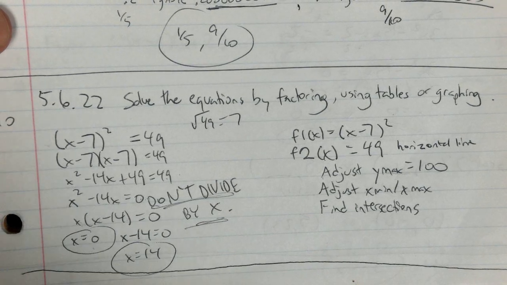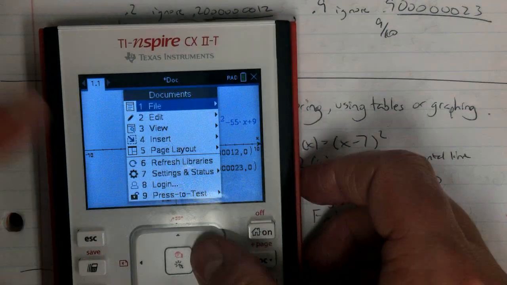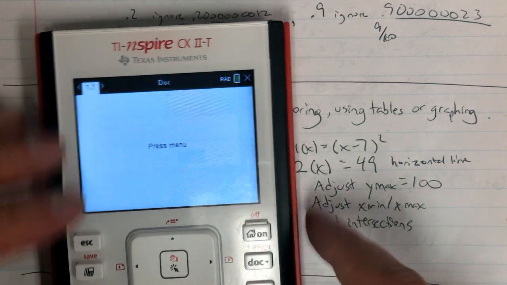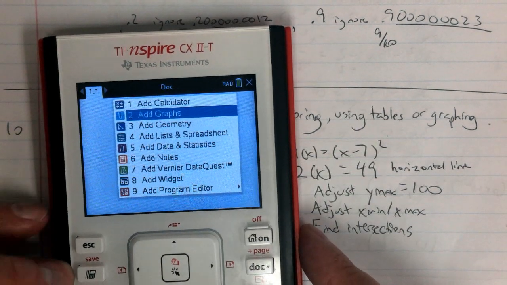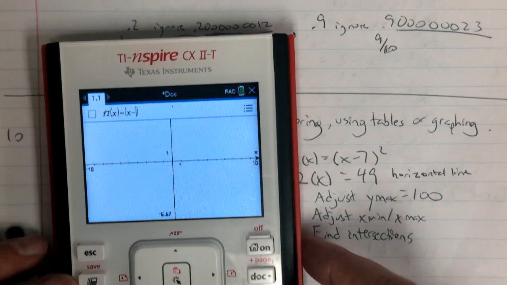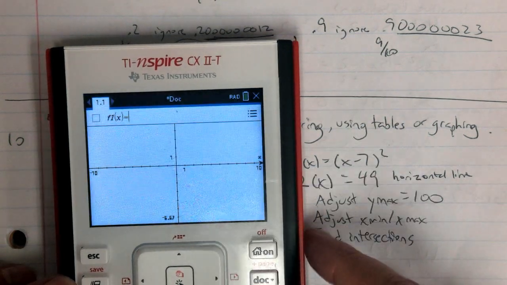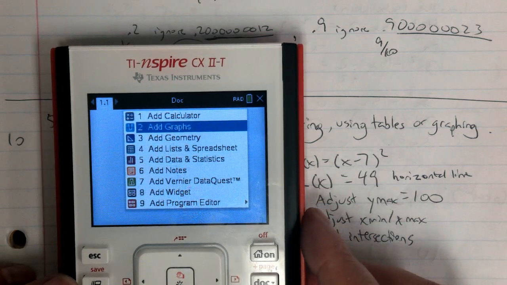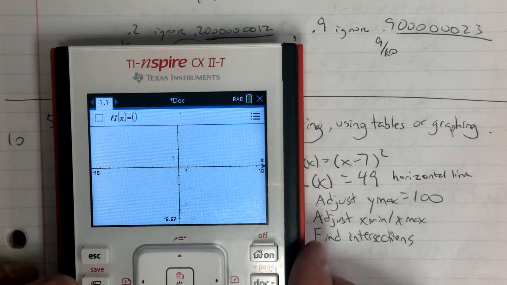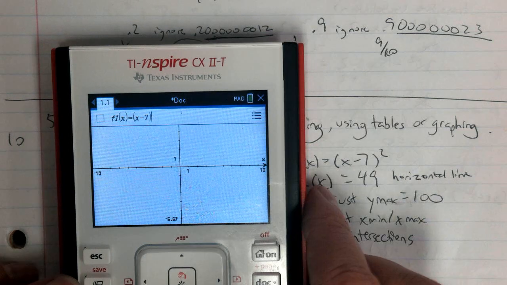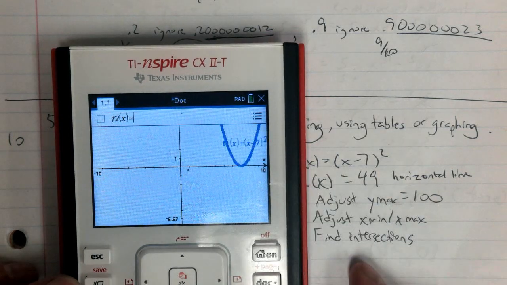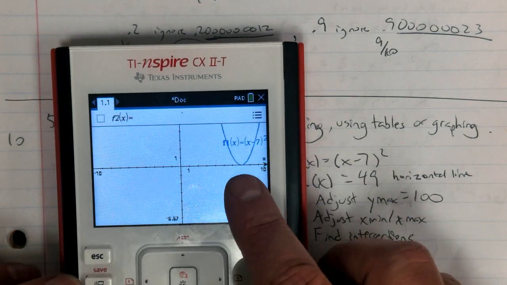So what that looks like is going to a new document, adding a graph, parentheses, x minus 7 squared, and that's that one which sits at 7.